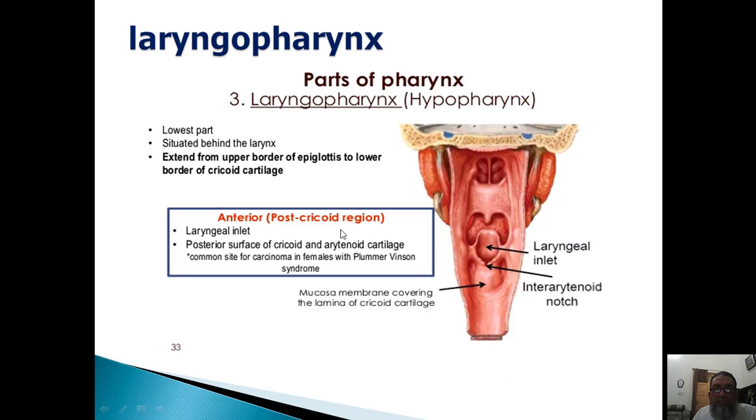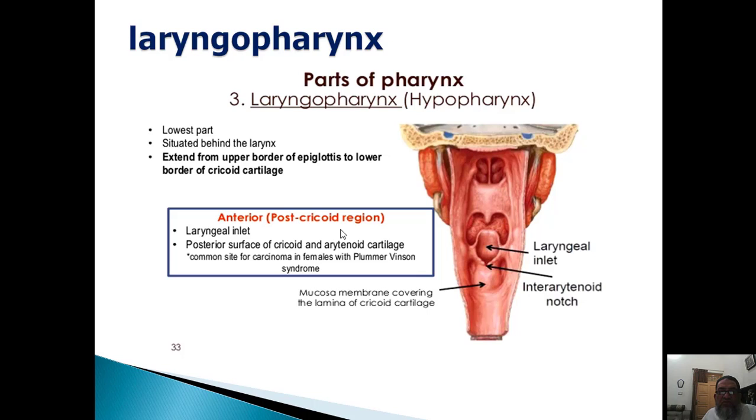Now the laryngopharynx. This is the anatomy of the laryngopharynx. So, laryngeal inlet, interarytenoid notch. Then the mucosa is the same, but the epithelium is stratified squamous. It extends from the upper border of the epiglottis to the lower border of the cricoid cartilage.